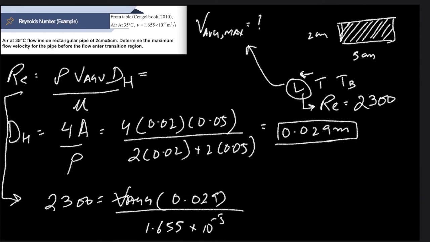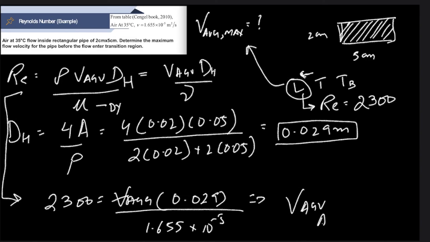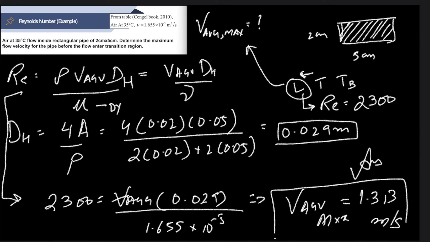I can write this formula in terms of kinematic viscosity: V average dh over nu. So the average velocity maximum until which it remains laminar before the transition of the fluid is 1.313 meter per second. So this is your answer for the last numerical of this topic.